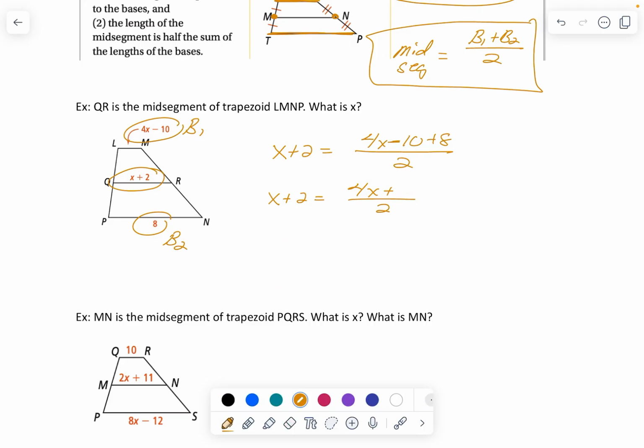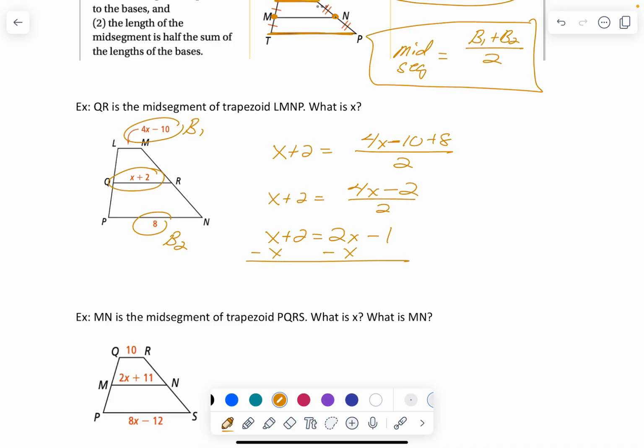Here was my boo-boo: minus 10. It was supposed to be minus 10. So this is going to be not plus, but minus 2. There we go. Now we have x plus 2 equals 2x minus 1. Moving things around, we get 2 equals x minus 1 plus 1 plus 1. And my final answer is 3 is equal to x.